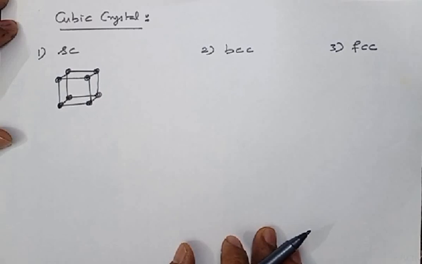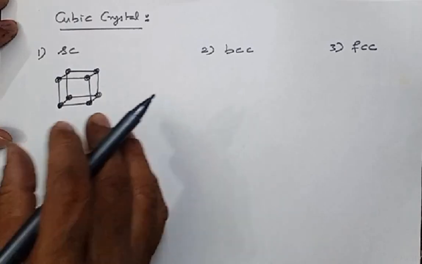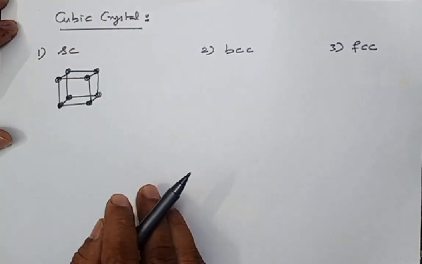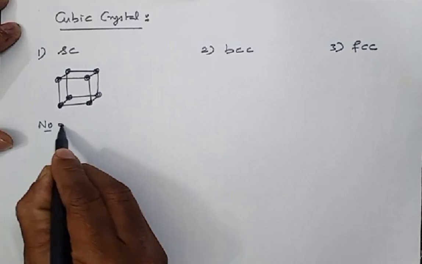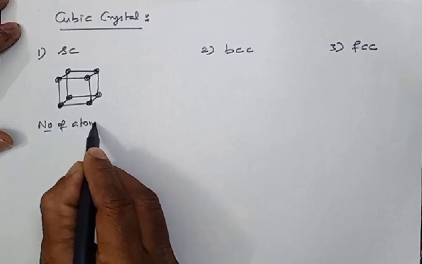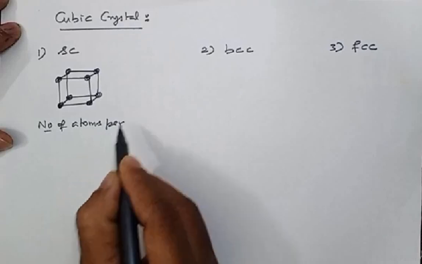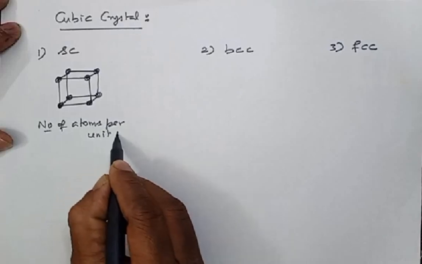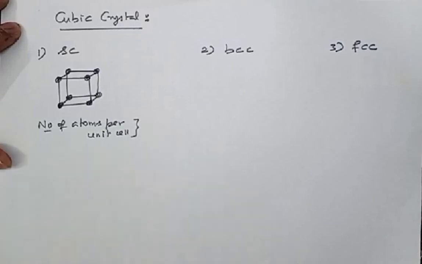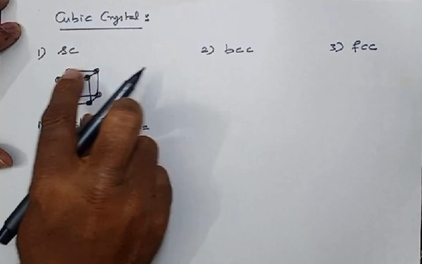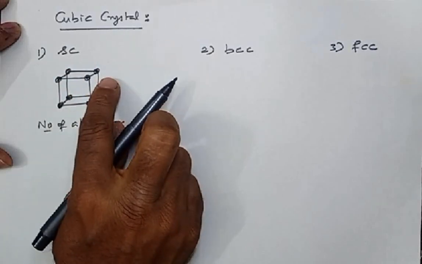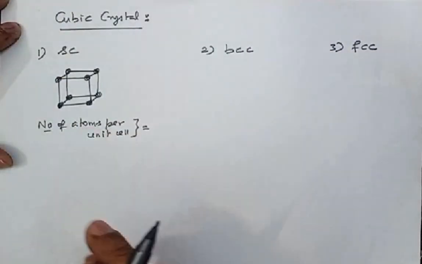Now I am going to find out the number of atoms per unit cell, also called rank. Remember, each corner atom of a cube is shared by 8 unit cells.